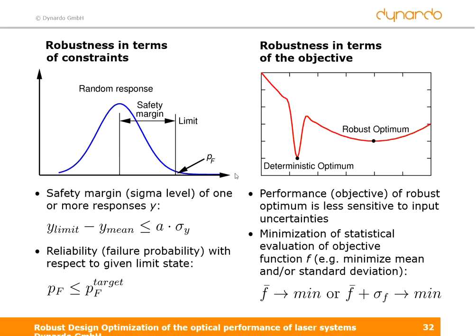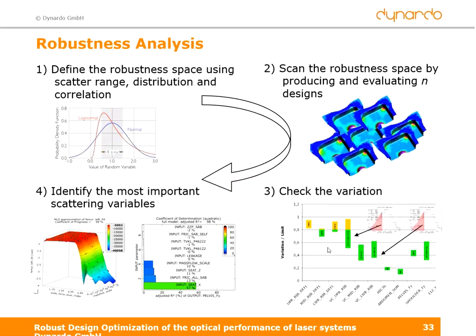So another kind of definition is the robustness in terms of the objective. So you can see here that this optimum is more robust compared to that, because your variation in x direction will lead to a quite small variation in y direction, compared to here where small x direction based variation will lead to a higher y direction variation. And you can imagine that you can define whatever you like to define your robustness analysis in optiSLang.